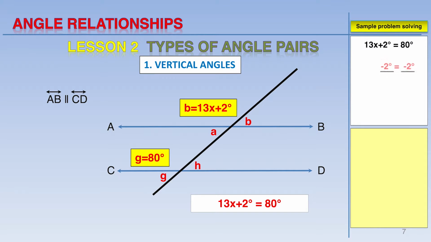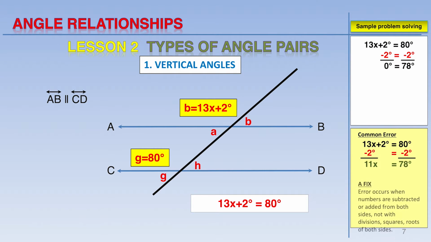Here's the equation, and a two-step algebraic process. We subtract 2 degrees from both sides. Now there's a common error that students often make, and in this case, instead of subtracting 2 degrees from the plus 2, sometimes students subtract it from where the x is, and that's inappropriate. You get uncomfortable responses and make an error.